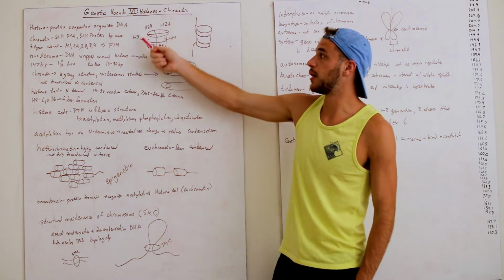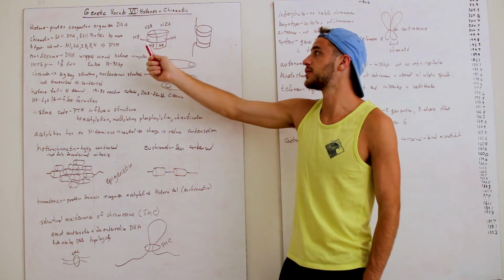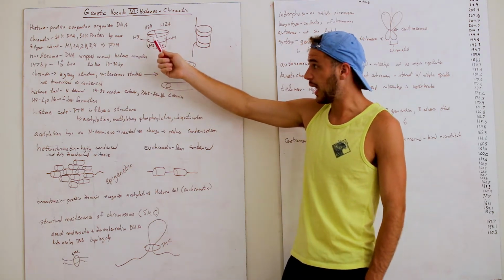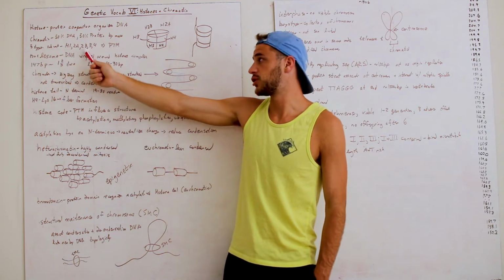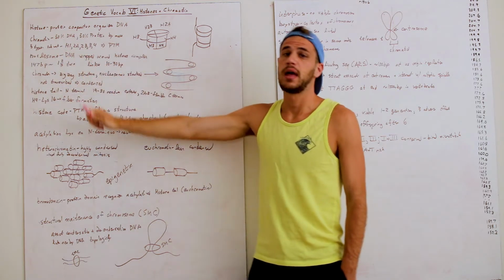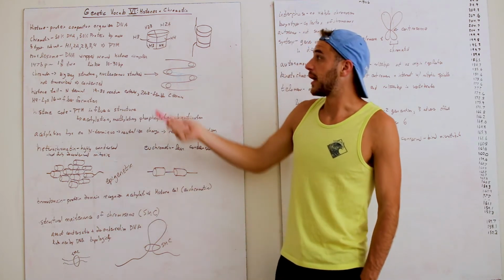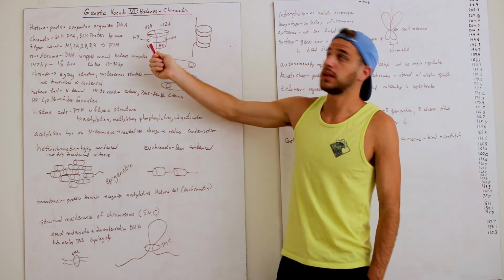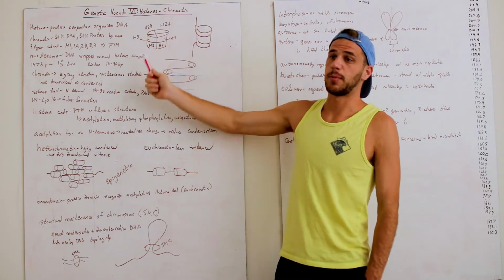They're made up of two concentric rings, and there are 5 different types of subunits: H1, H2A, H2B, H3, H4, all of which can be post-translationally modified. They come together in a circle like this, with H2A, H2B, H3, and H4, and they stack on top of each other.